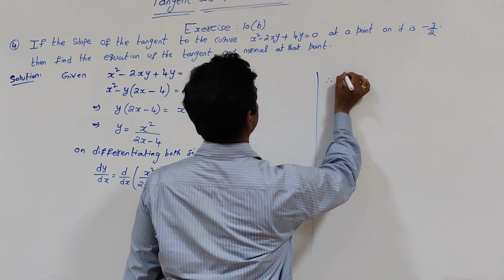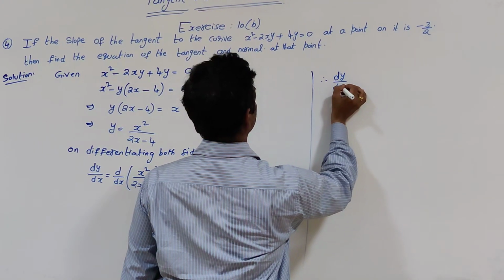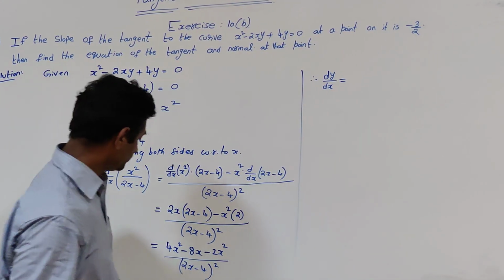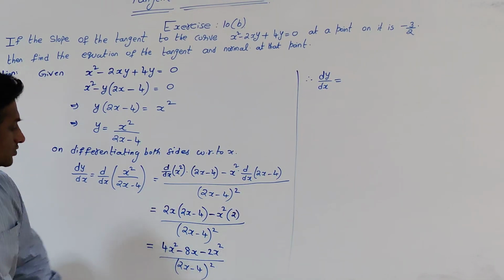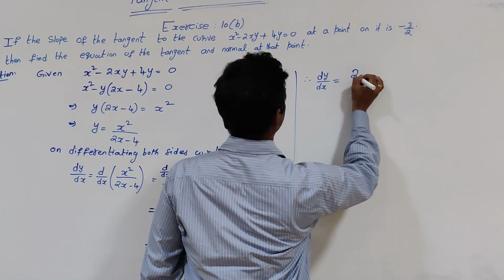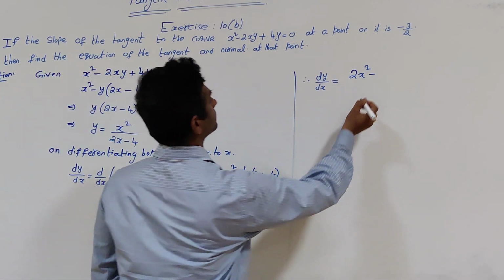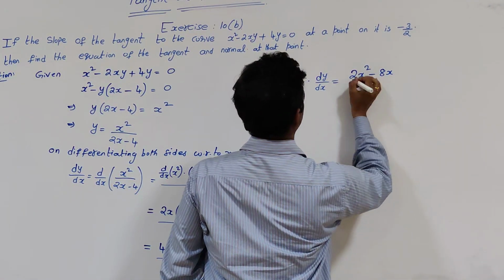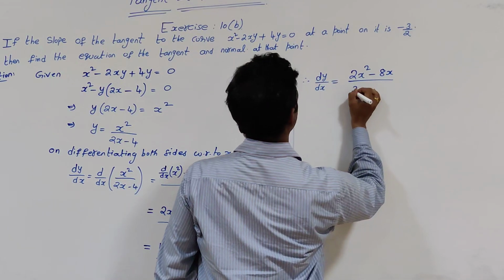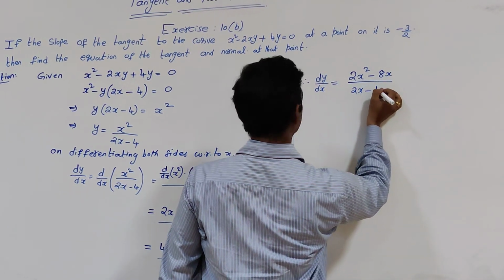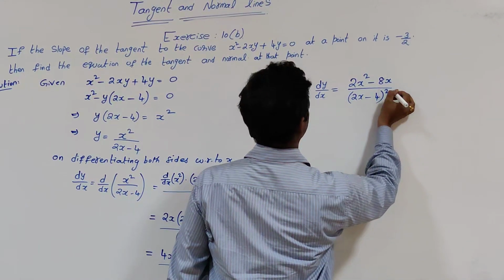So therefore, dy by dx is equal to 4x square minus 2x square is 2x square minus 8x by 2x minus 4 whole square.